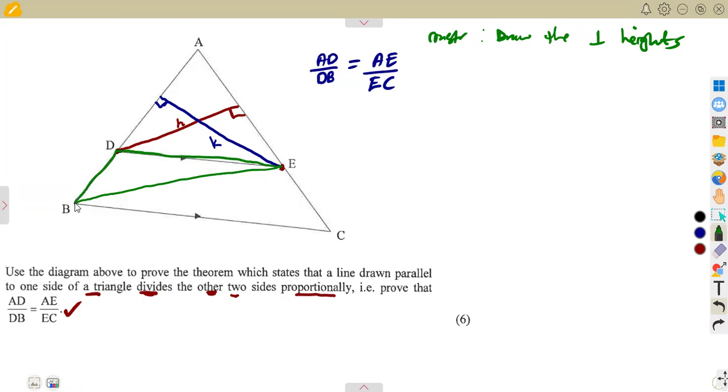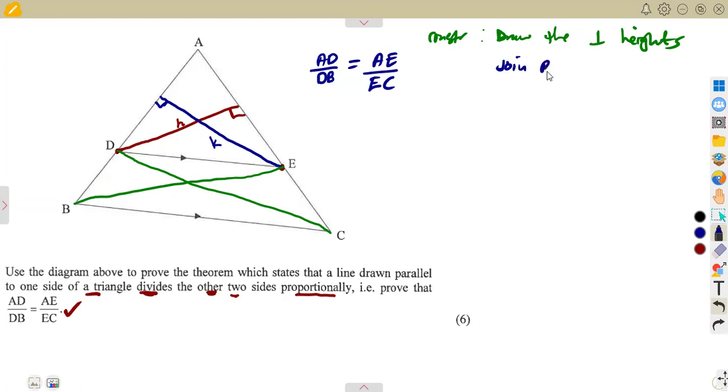Because of the parallel lines concept, we're going to talk about that. All right. So you just join from B to E, then also join from D to C. Okay. So this is what we just did. Just join BE and also DC.